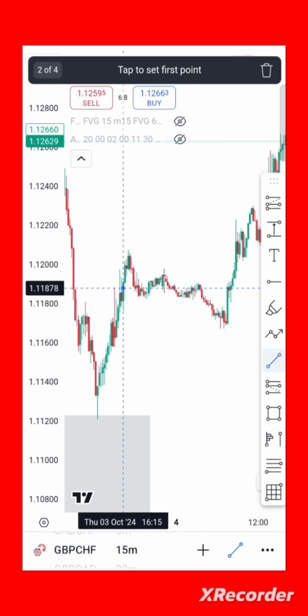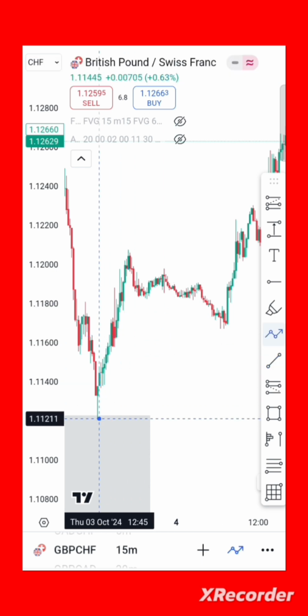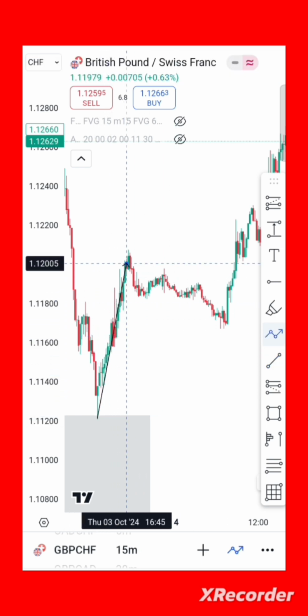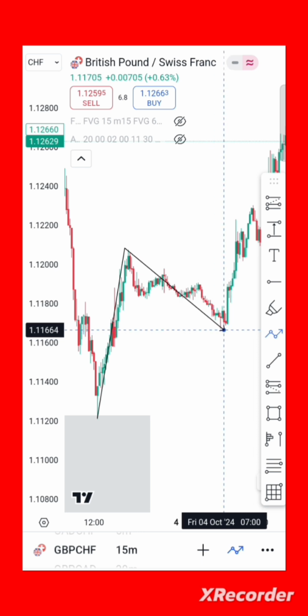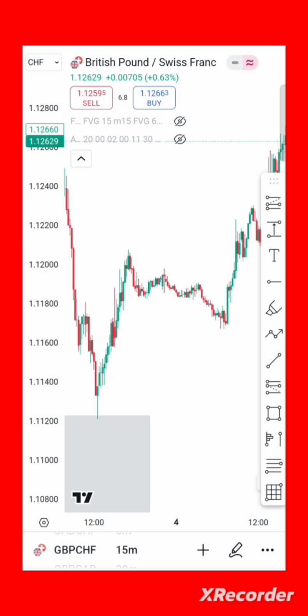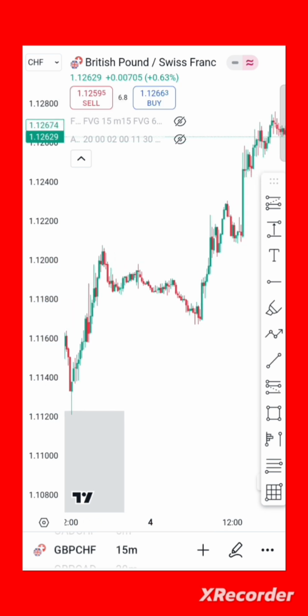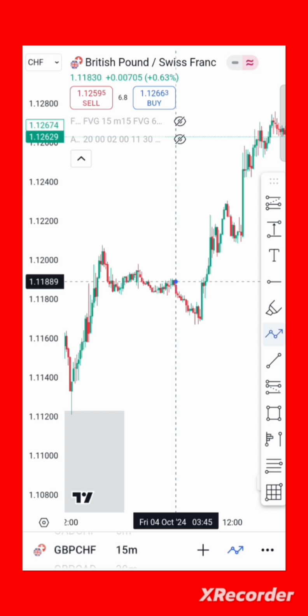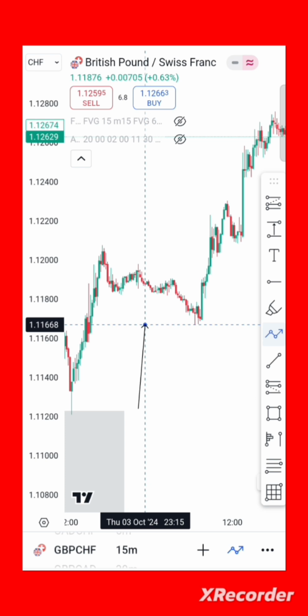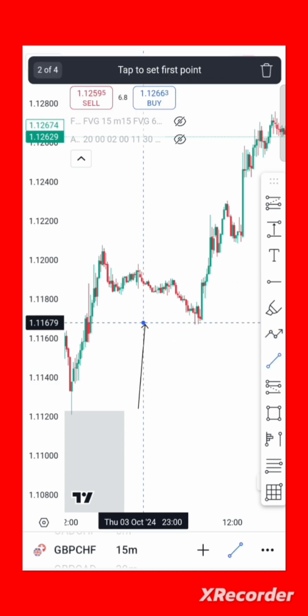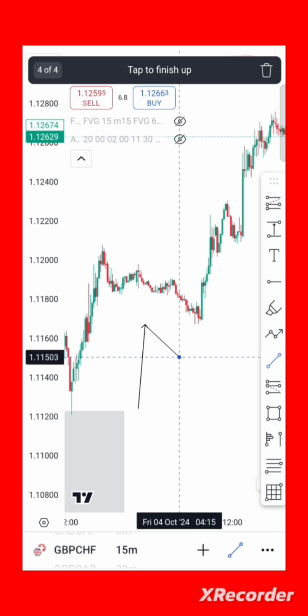And then I saw this beautiful pattern. This is a bullish flag. When price rallies to the upside and begins to retrace in a slant pattern, we call this a flag. For those who don't know what a flag is, let me show you by demonstration. A flag is when price rallies up, and then it begins to retrace down in a slant pattern like this.